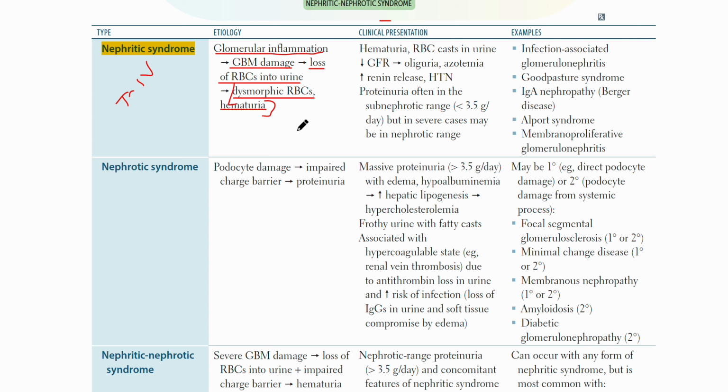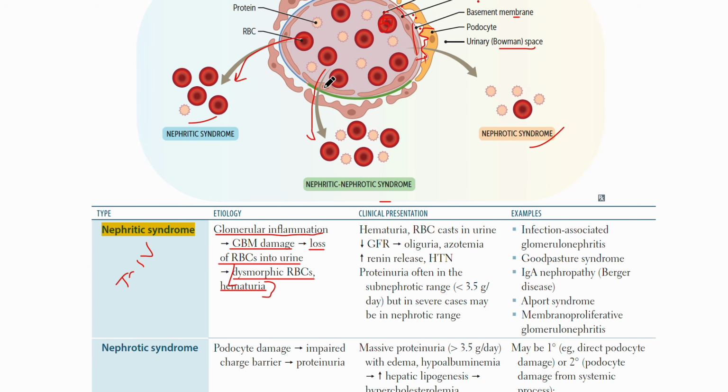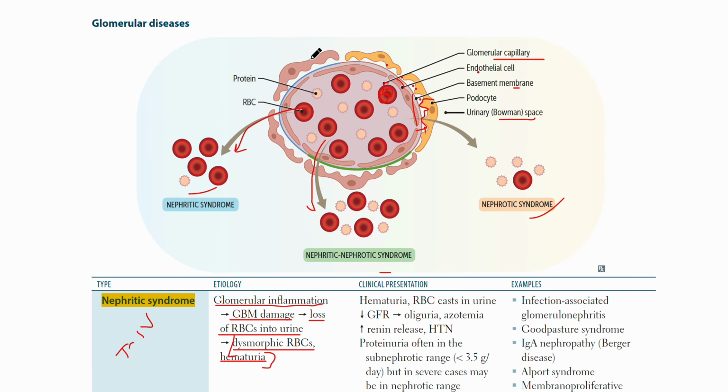So glomerular inflammation is there, and then actually what happens is RBCs cannot get filtered out of the glomerulus because of their size and also negative charge. Since the glomerulus has a negative charge in here, and RBC also has a negative charge, right? That is usually applicable for albumin or protein, but in the RBC case there is another reason.